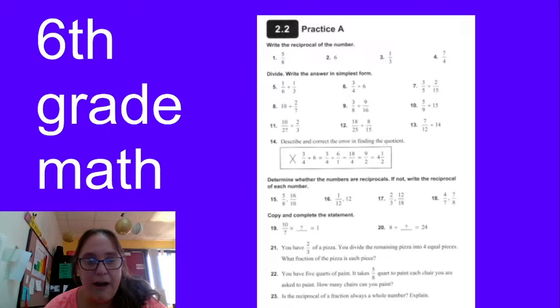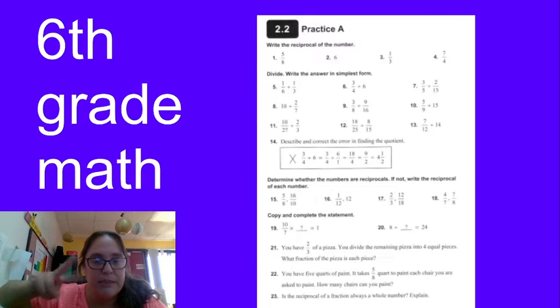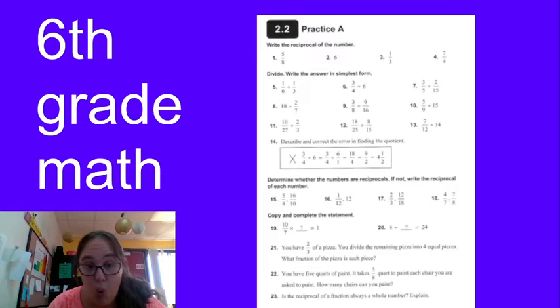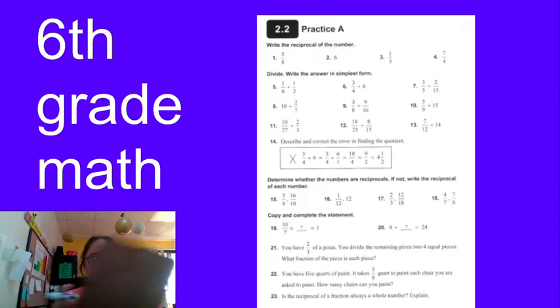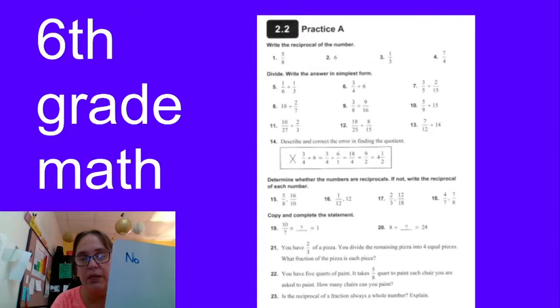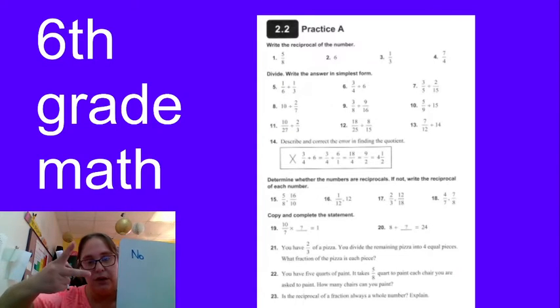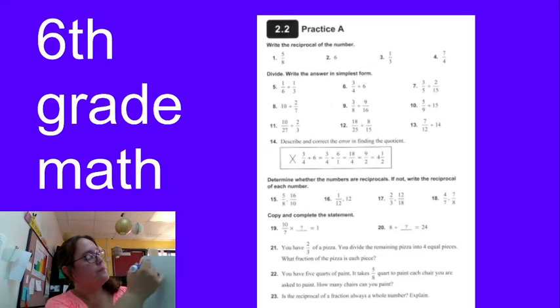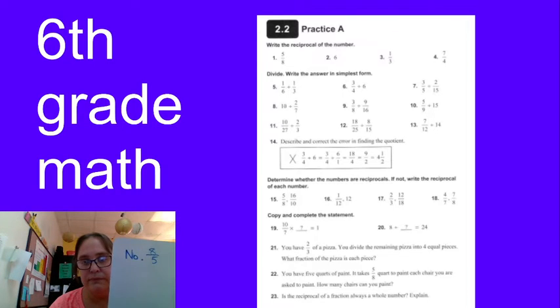So if you took 5/8 and you wrote the reciprocal, would it be 16 over 10? So write no. And what would the reciprocal be of 5/8? So you need no, and then you need what the true reciprocal would be.